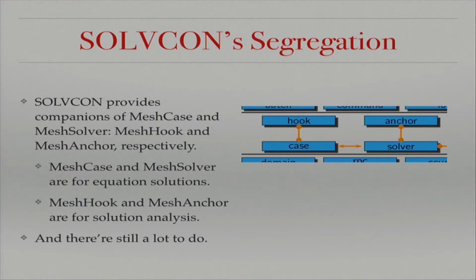And we have an anchor class, which is associated with the solver class, that does the analysis. So actually, there should be a dashed line between hook and anchor. Sometimes they need to talk to each other, but I haven't figured out the best communication pattern or communication infrastructure. We have some demos for this kind of structure, but it's very difficult to use in production.